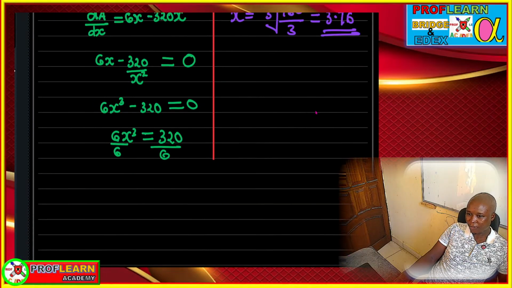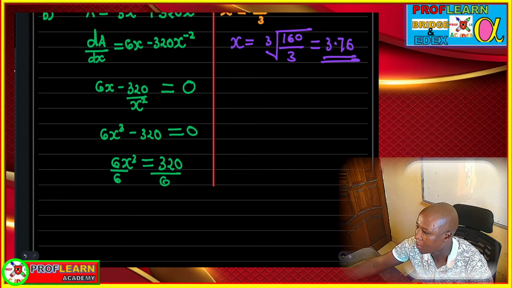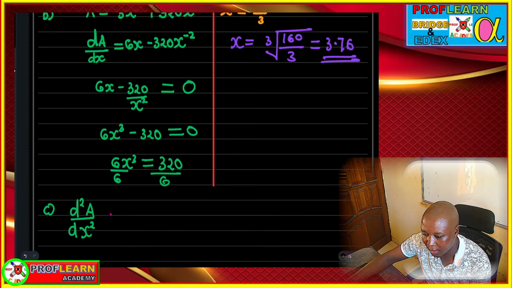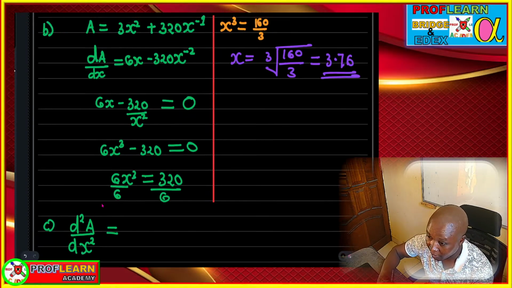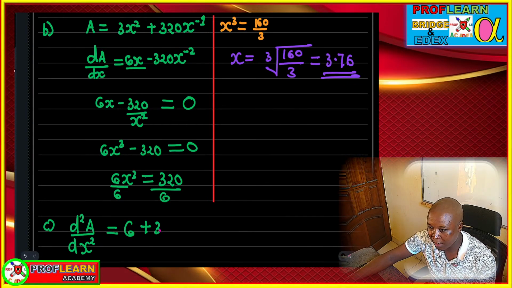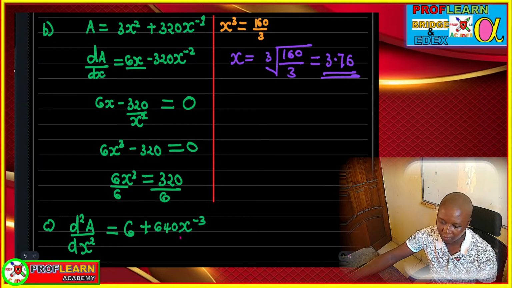We are going to differentiate that function again. Differentiating, we get 6, and differentiating the other term, the power goes down, so we shall have plus 2 times 320, which becomes 640x to the power negative 3.